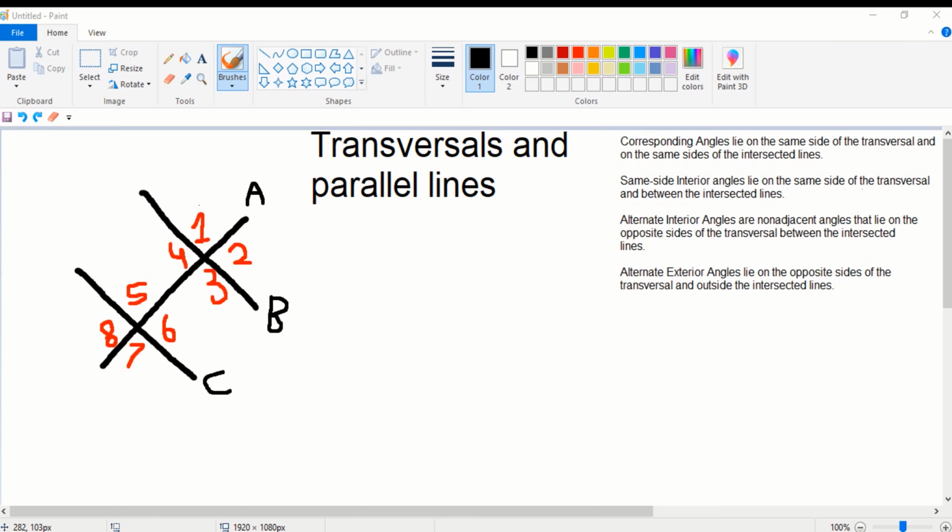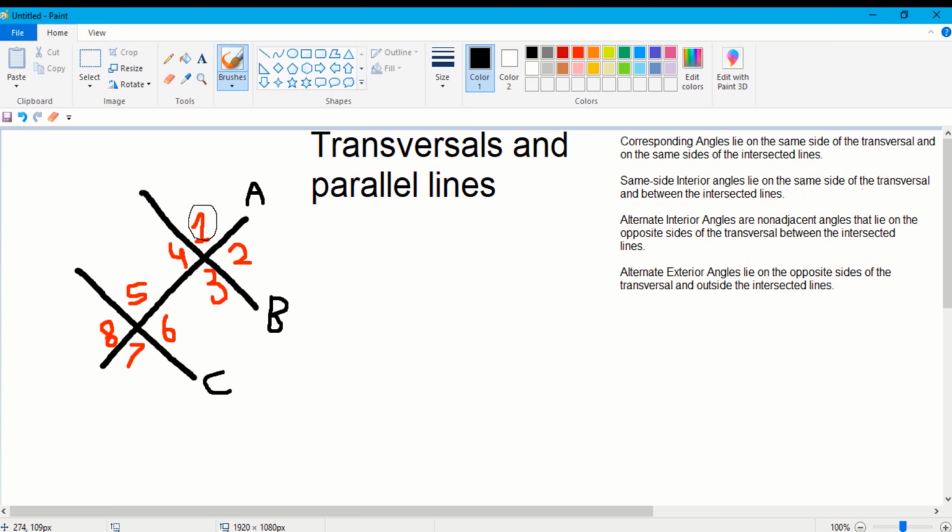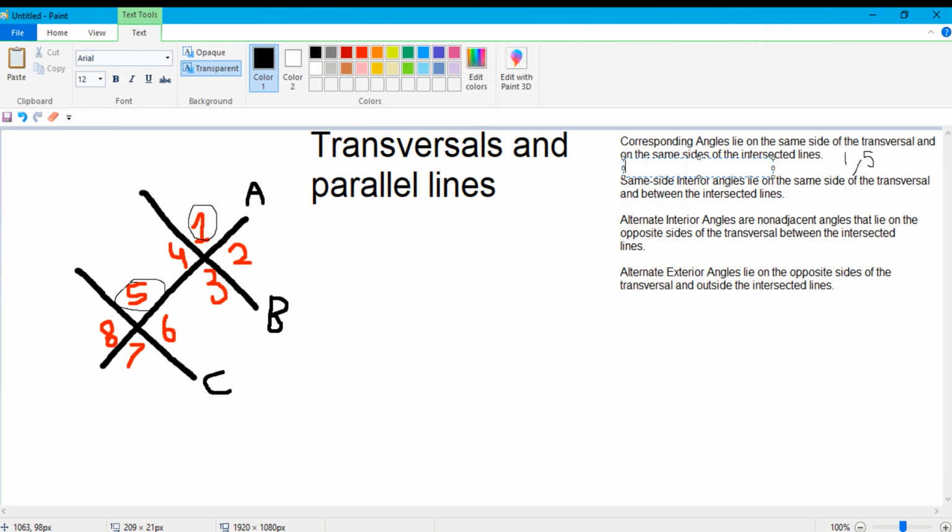So for example here, angle 1 and angle 5 are corresponding angles, and corresponding angles are congruent. So I'll just do this, congruent.